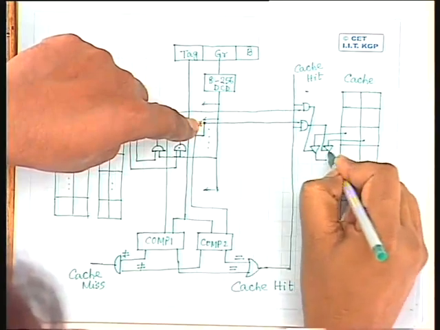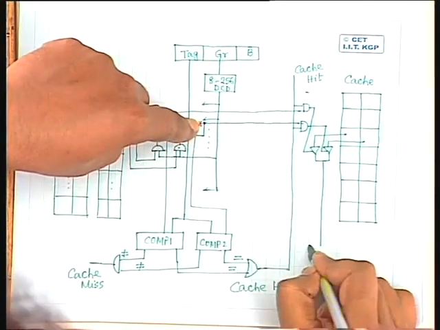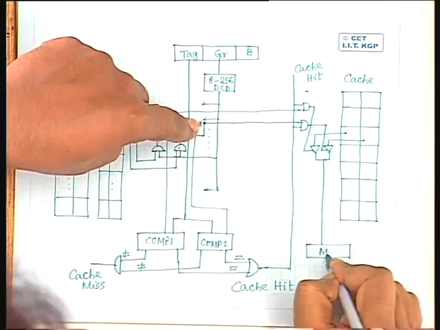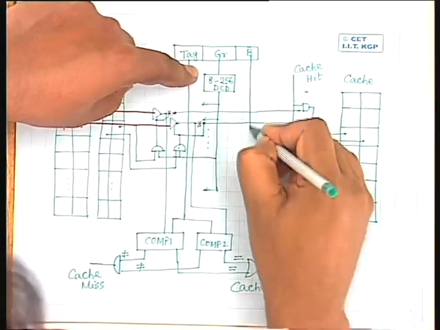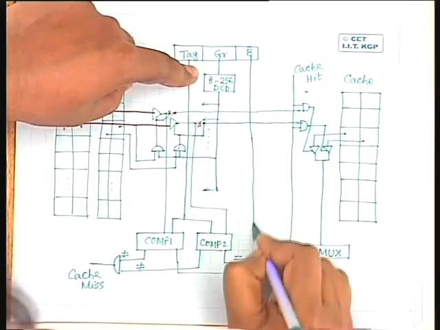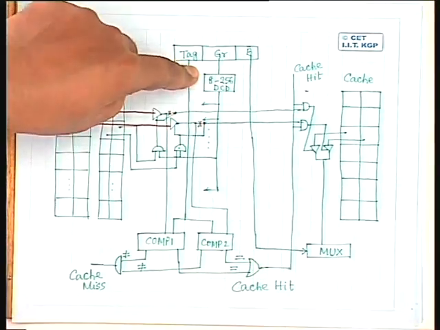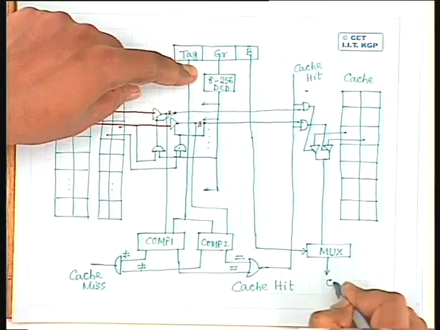These buffer outputs can be connected together. The output of this comes to a multiplexer, and the select input of the multiplexer comes from the byte identification line. And this is the data that has to be returned to the CPU.